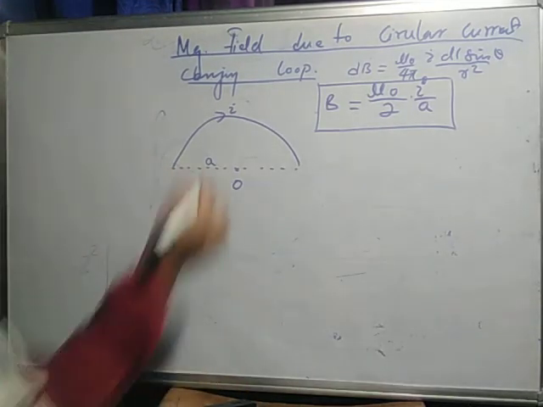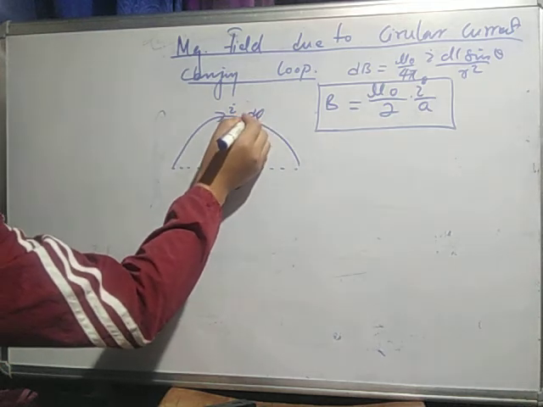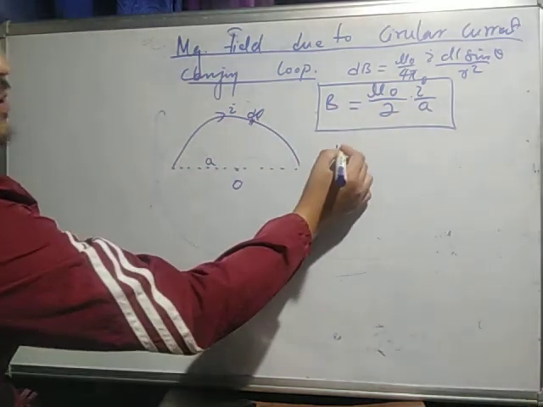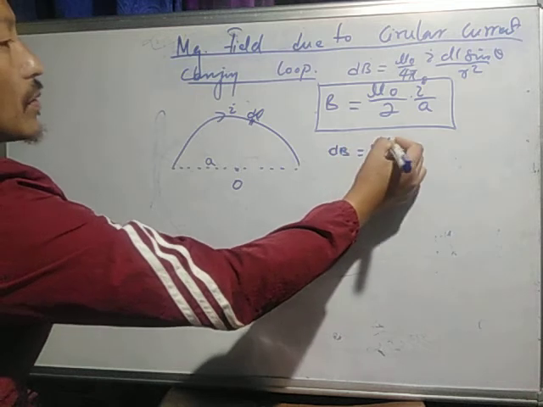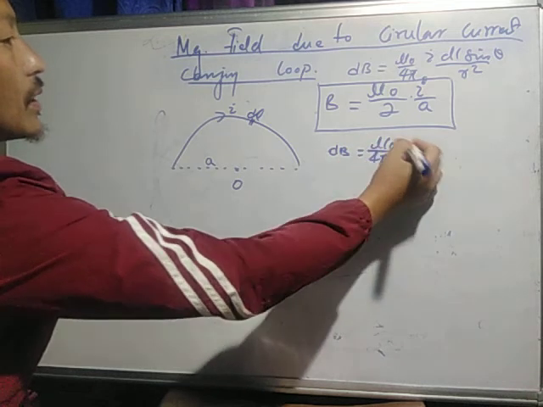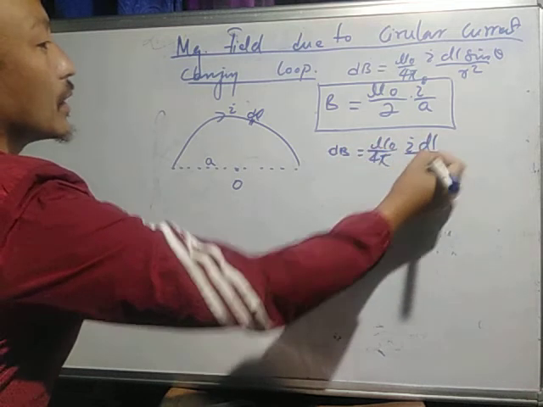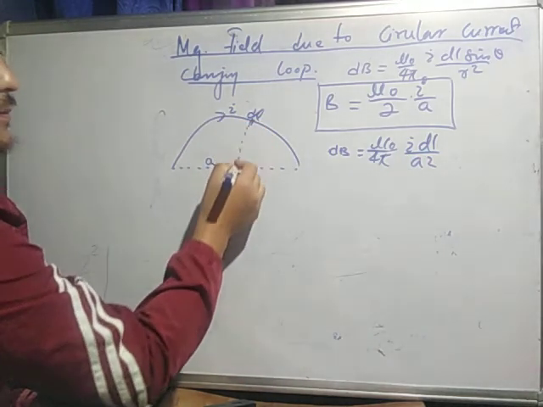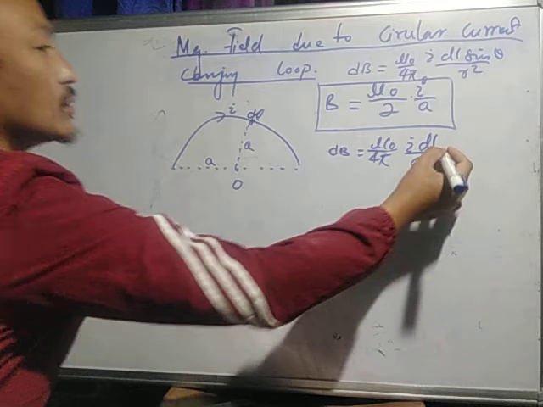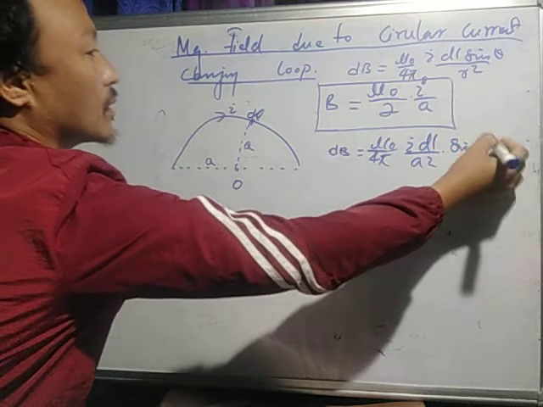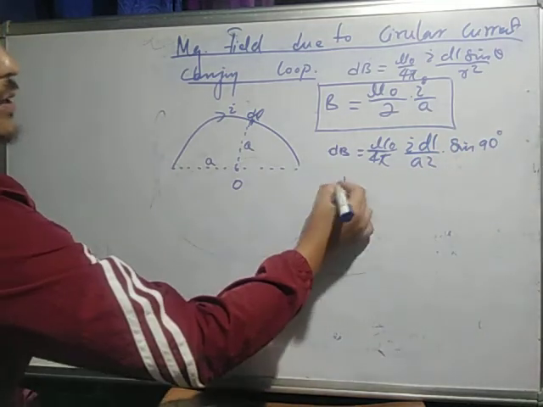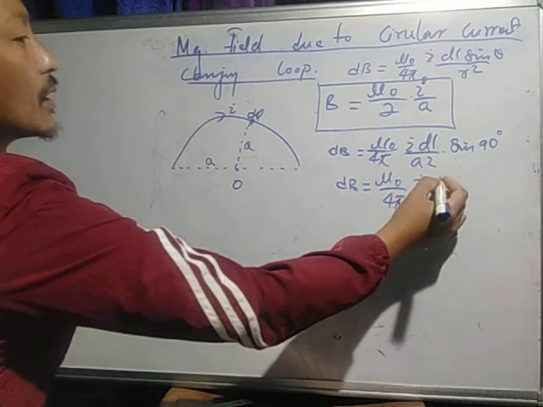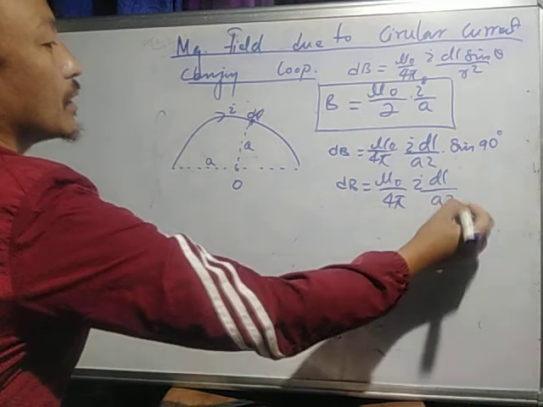See, this is a. Now take dl as a small element. What are we using? Just Biot-Savart law. So dB equals to mu naught by 4 pi I dl by a square, isn't it? Here also it is a, a into sin 90. Again sin 90 is 1, so dB equals to mu naught by 4 pi I dl by a square.